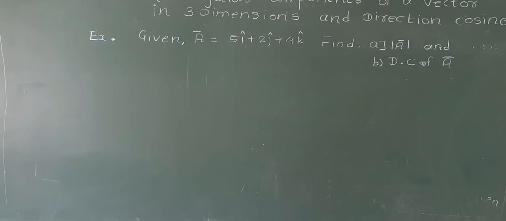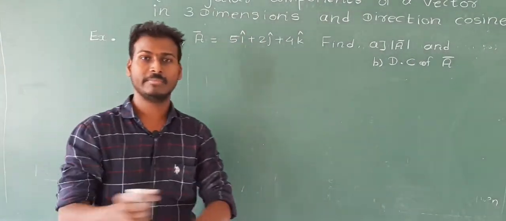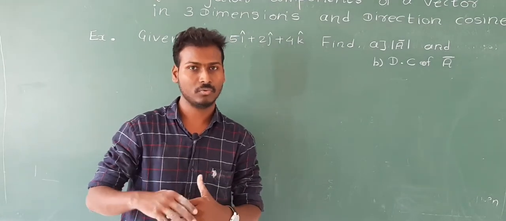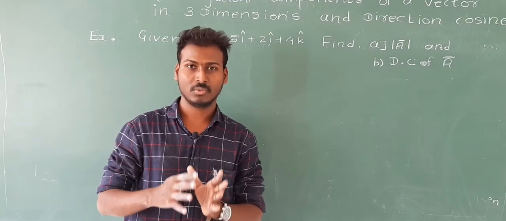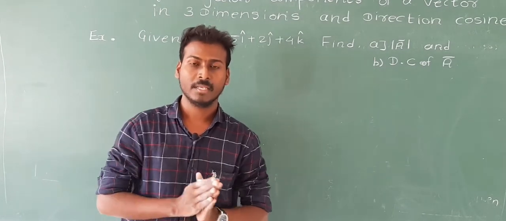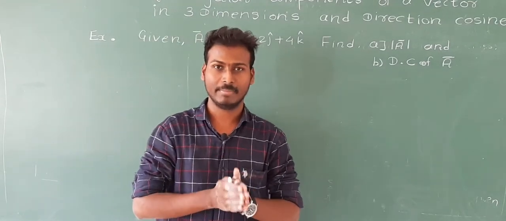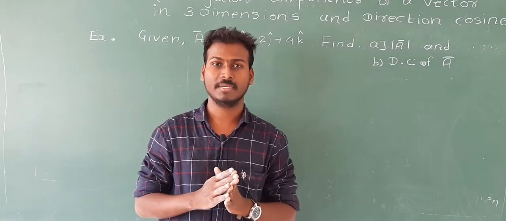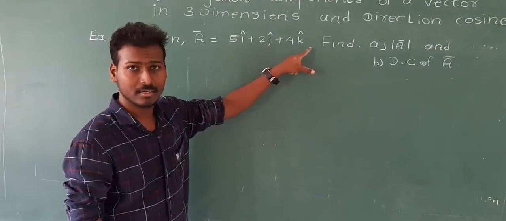Okay, now we will see one example regarding the two concepts we have learned today. First, how to represent any vector in three-dimensional space and find its magnitude. And the second point was how to find the direction cosines of any given vector. In this question, they have given us a vector a bar with displacement in three dimensions, because you can see i cap, j cap and k cap.